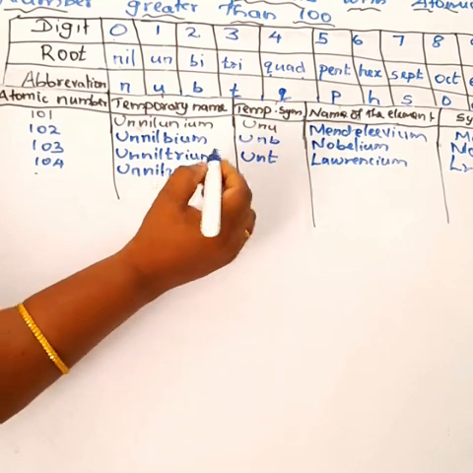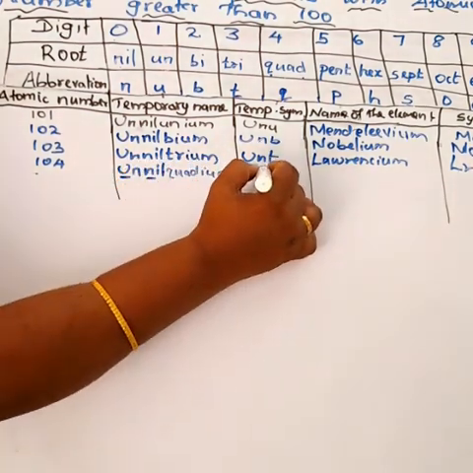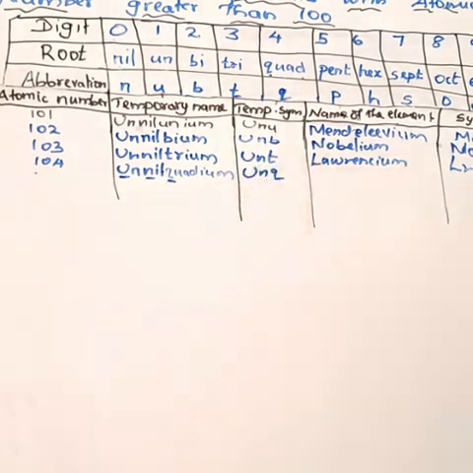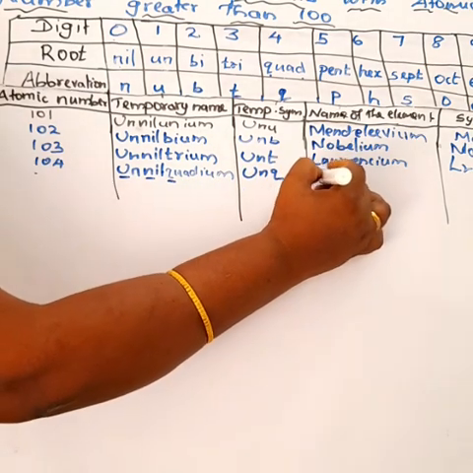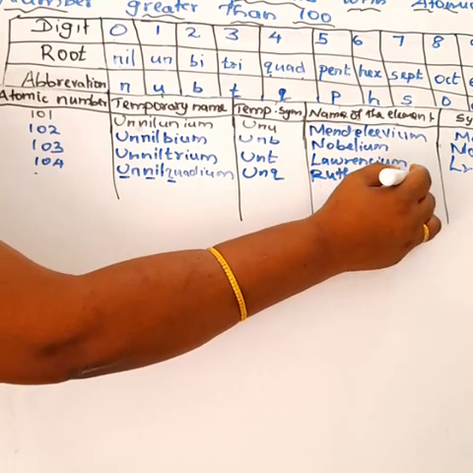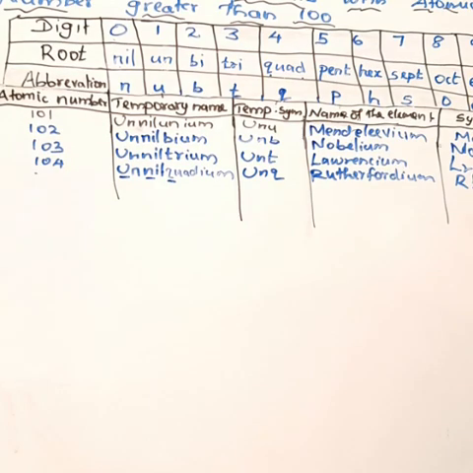So what is the temporary symbol? U for un, N for nil, and Q for quad. What is the element name here? 104. Rutherfordium. What is the symbol for Rutherfordium? Rf. Okay.